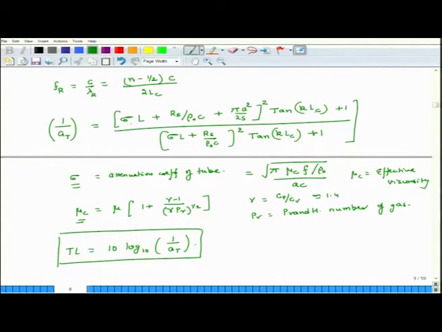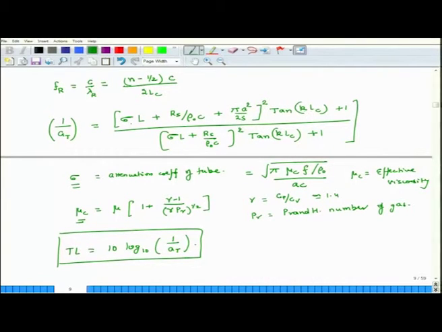When k times LC equals 0 or pi or 2 pi or 3 pi or n pi, then what is the value of this tangent? It becomes 0. So, for particular lengths of this tube, k is what? Wave number, right? K is equal to 2 pi over lambda, that is the wave number. So, for particular lengths of this tube, tangent of k times LC will be 0.